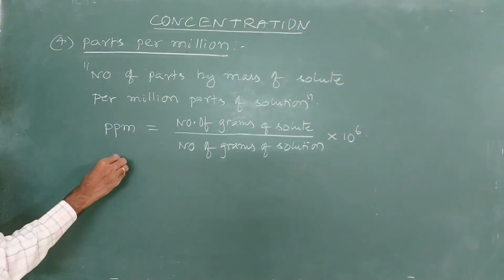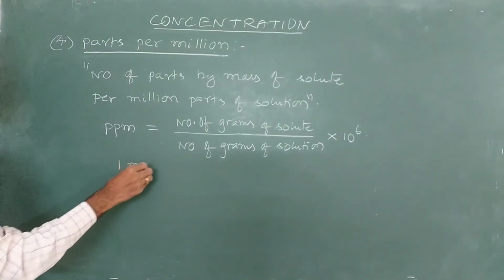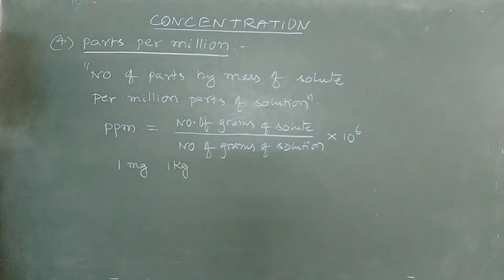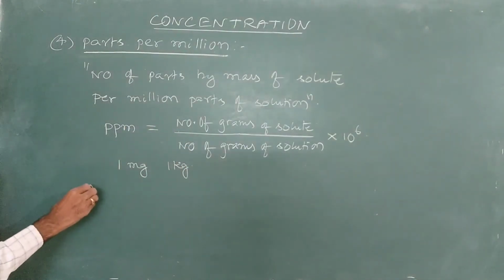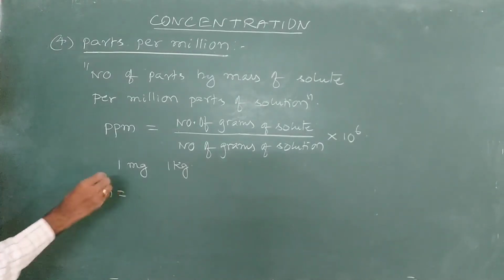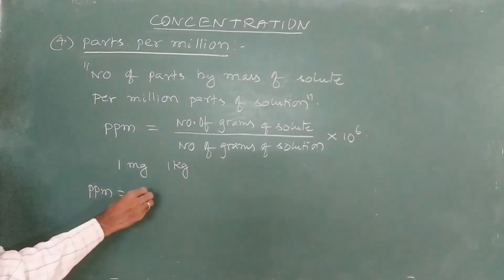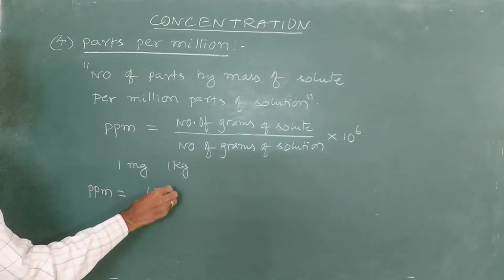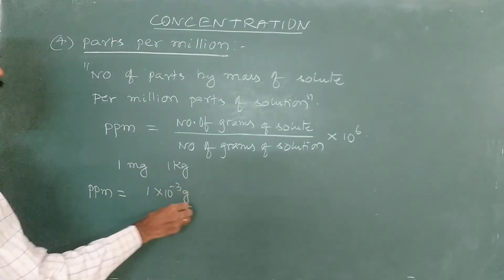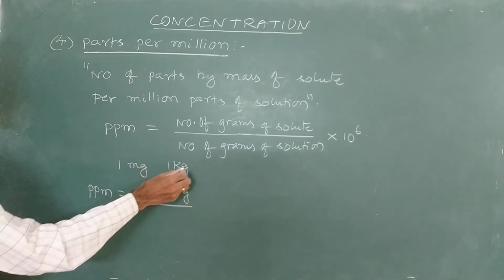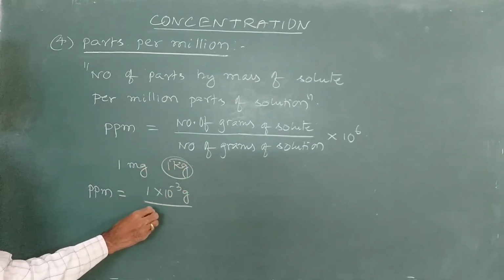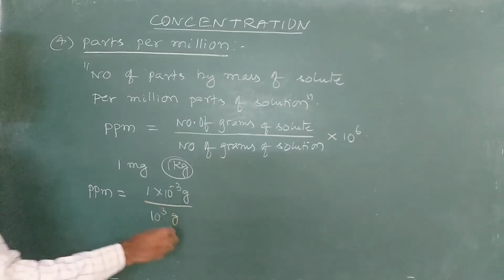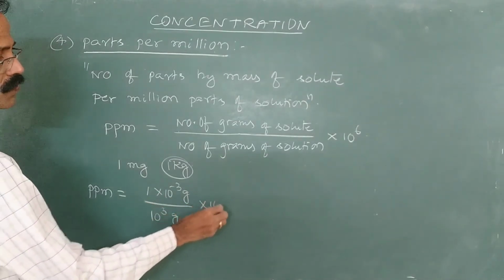Suppose 1 milligram of solute is dissolved in 1 kg of solution. Then the ppm concentration of the solute is equal to the mass of solute, 1 milligram, which is 10 to the power minus 3 grams, divided by the mass of solution, 1 kg, which is 1000 grams, into 10 to the power 6.